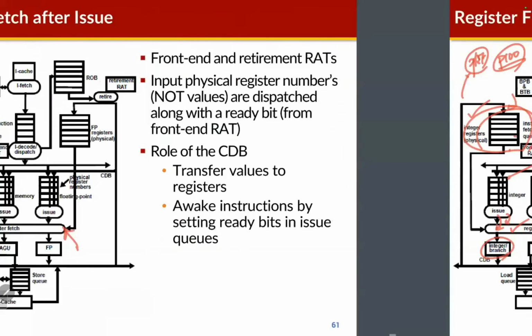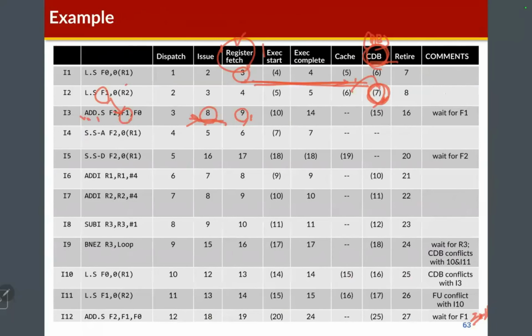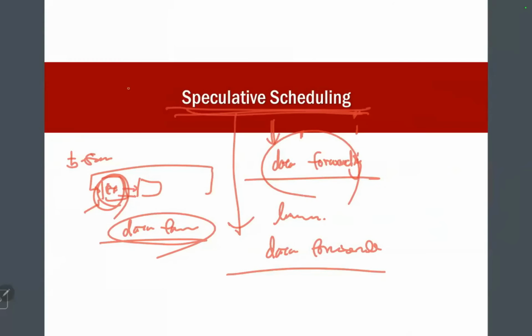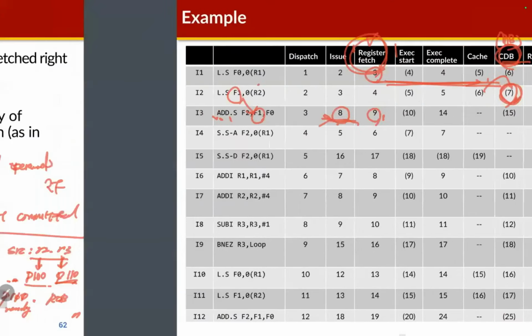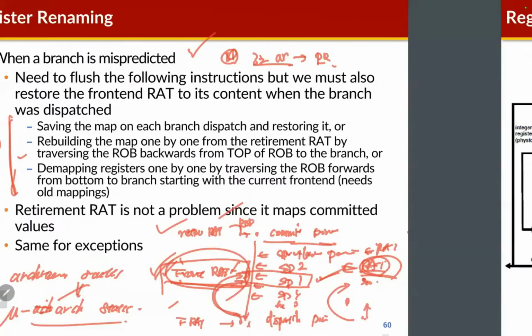So it means that we need one more pipeline stage called register fetch. And so it's like some advances in the processor architecture.